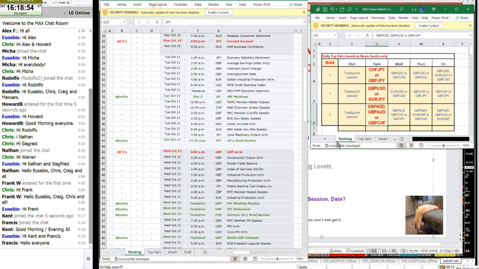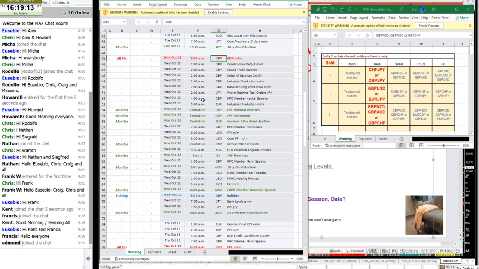Okay. Wednesday. On Tuesday we've got no news, and on Wednesday we've got the pound. So pound US dollar, pound Swiss. Well, you already have the pound US dollar, so change the Kiwi into Swiss.